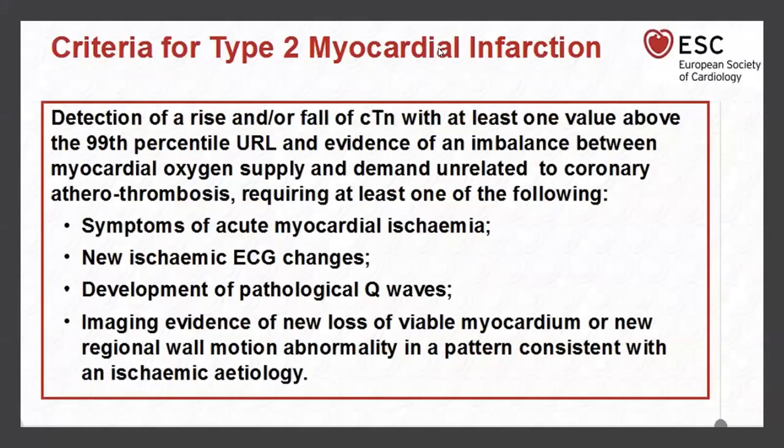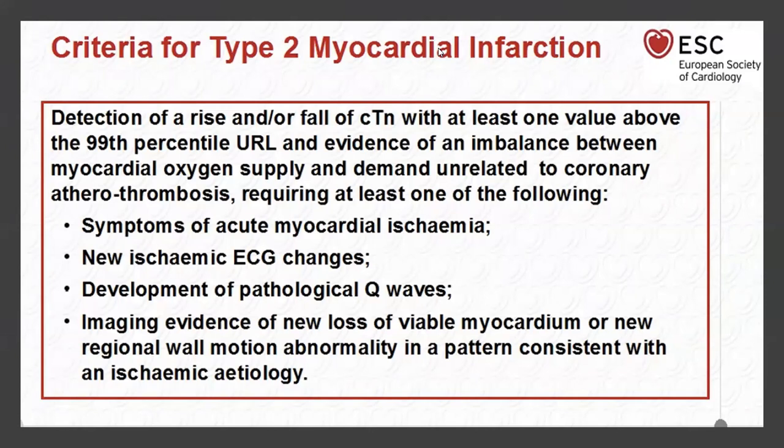Even with type 2, there is a criteria for it, where you have to have an increase in your cardiac troponins, and there must be evidence of an imbalance between your myocardial oxygen supply and demand that is unrelated to coronary atherothrombosis.